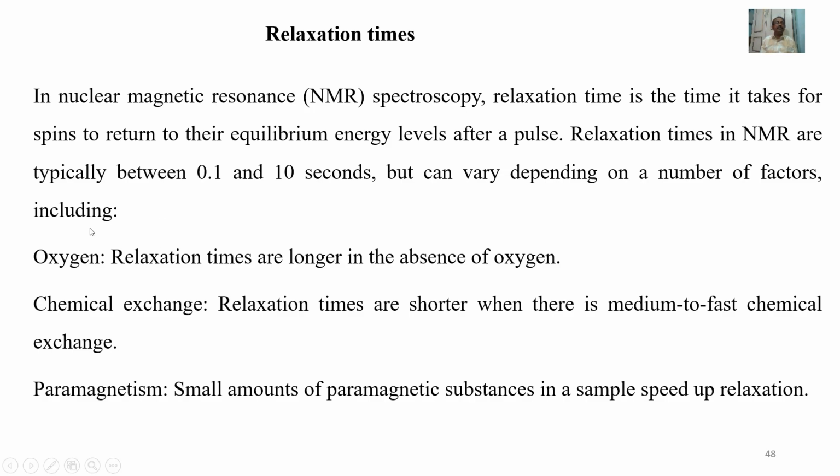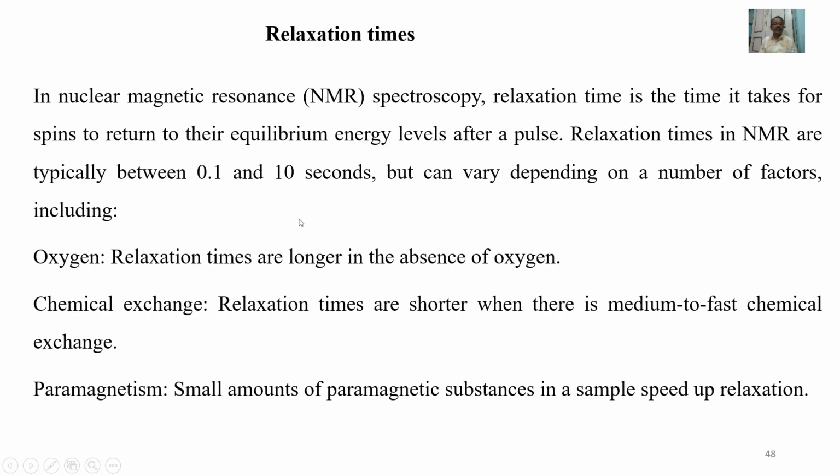In nuclear magnetic resonance spectroscopy, relaxation time is the time it takes for spins to return to their equilibrium energy levels after a pulse. The relaxation times in NMR are typically between 0.1 and 10 seconds, but it can vary depending on a number of factors, including oxygen.